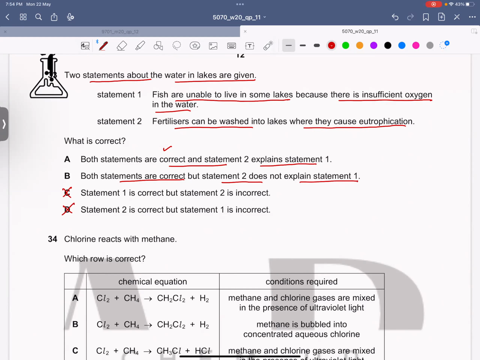So the photosynthesis stops, and as a result, the bacteria over there consumes all the oxygen inside it. So yes, statement 2 is explaining that statement that eutrophication, the level of the oxygen goes down in the water. Okay, so B is wrong, and A is our correct answer.